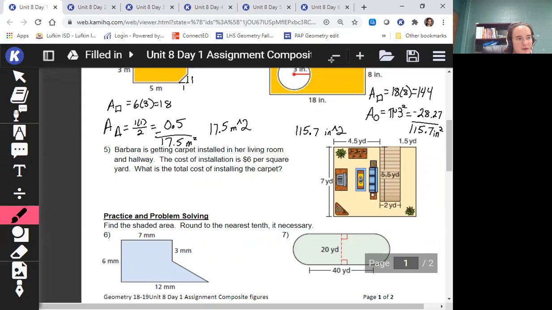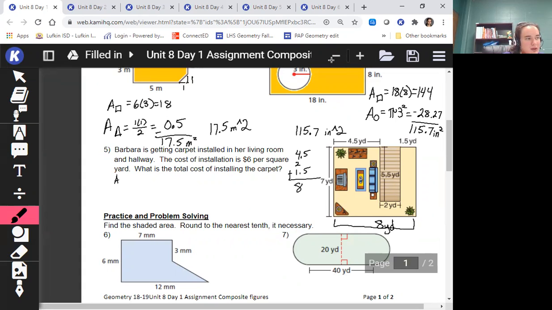So 4.5 plus 2 plus 1.5 is 8. So this whole base is 8 yards.